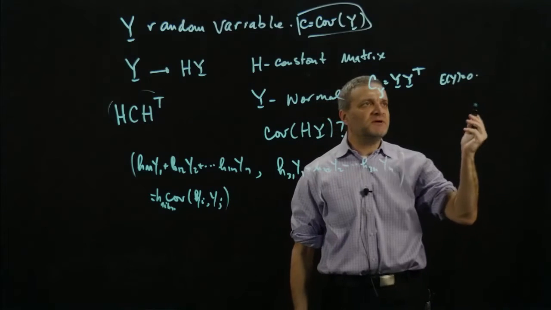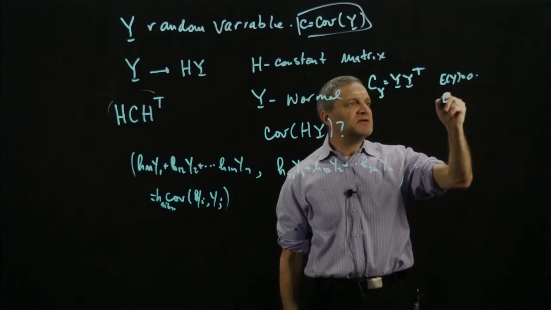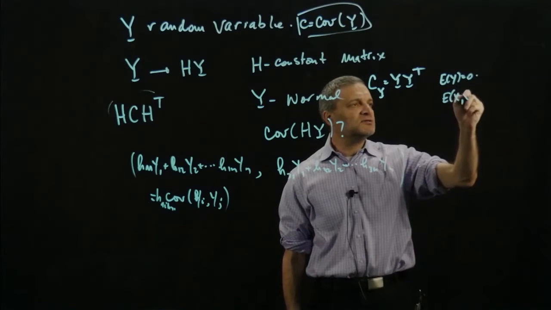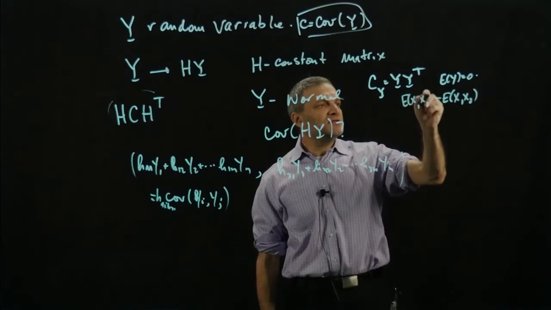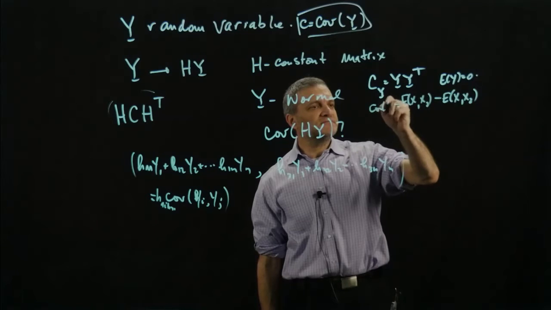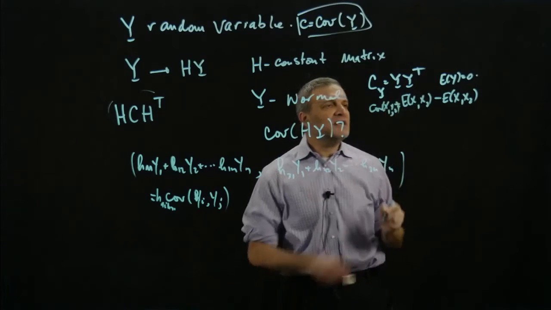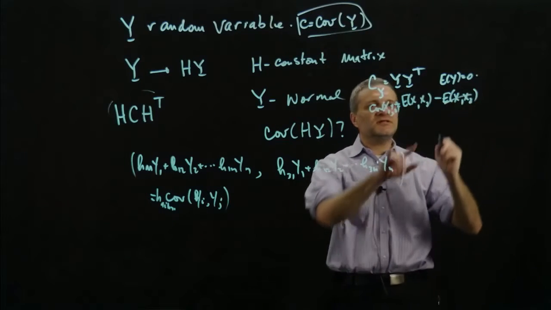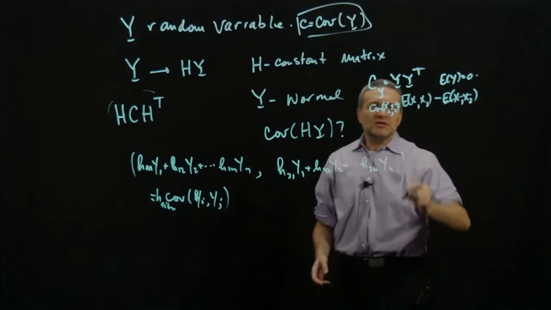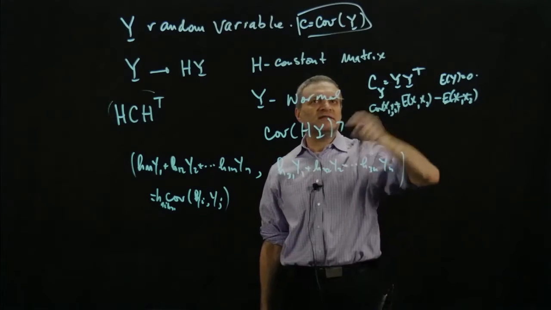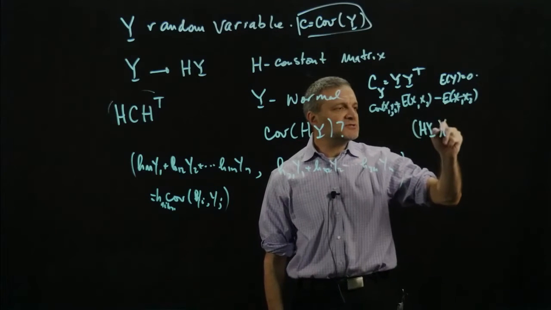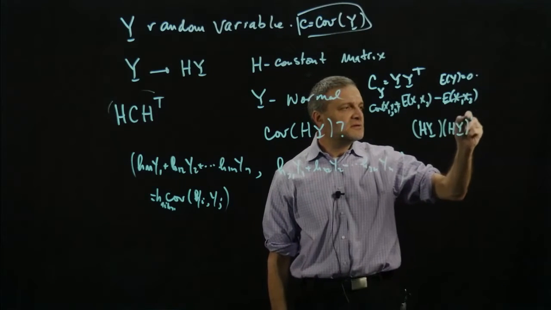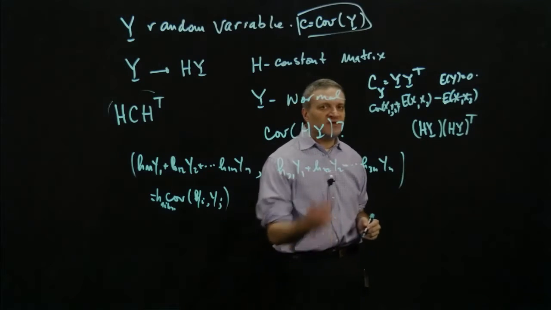Indeed, just remember the expected value of x1 x2 is your covariance, and if the means are 0, then it is just E of x1 x2. So if you think about C of y like that, then it's very simple to think about the covariance of hy, right?